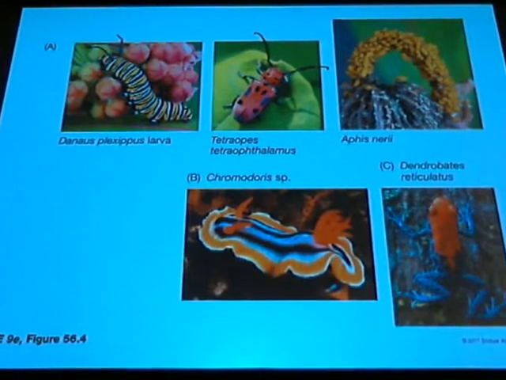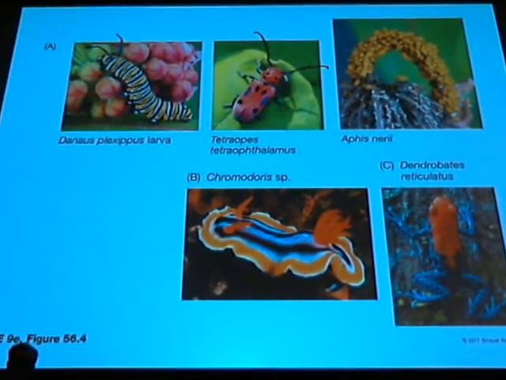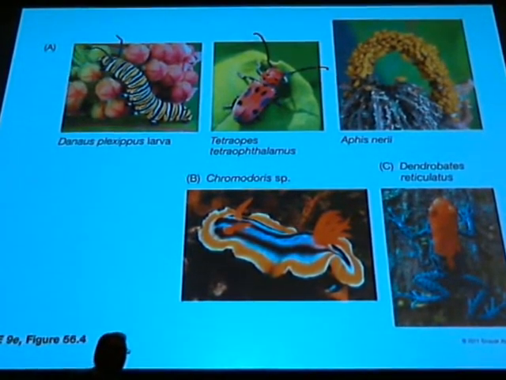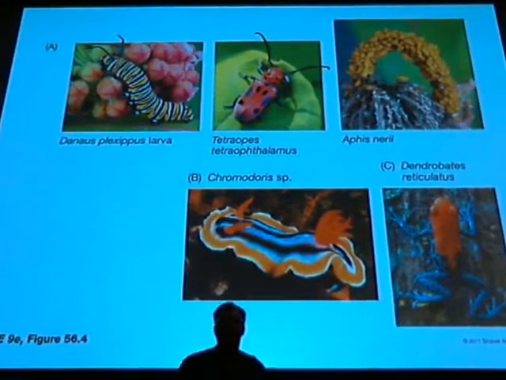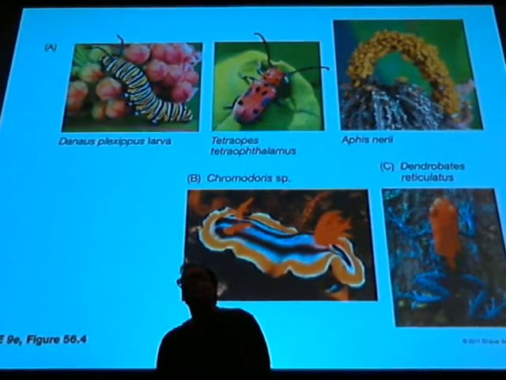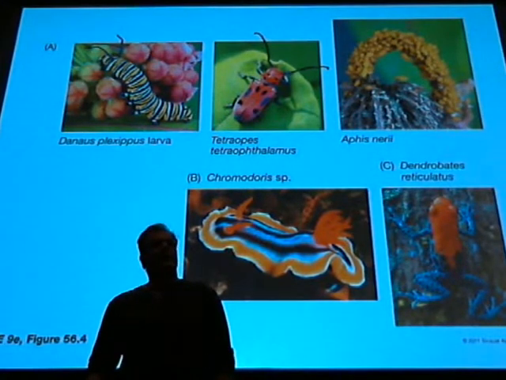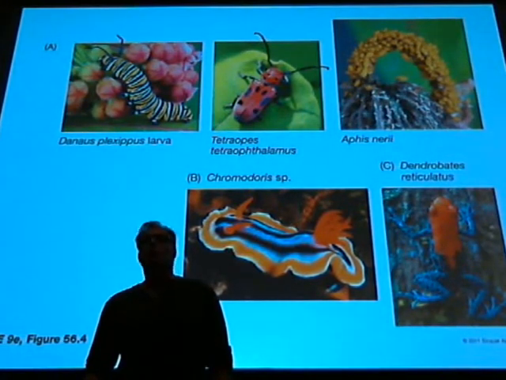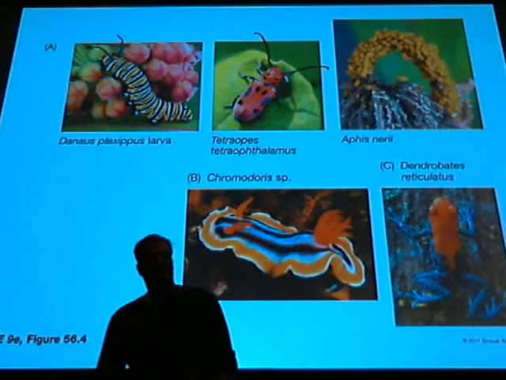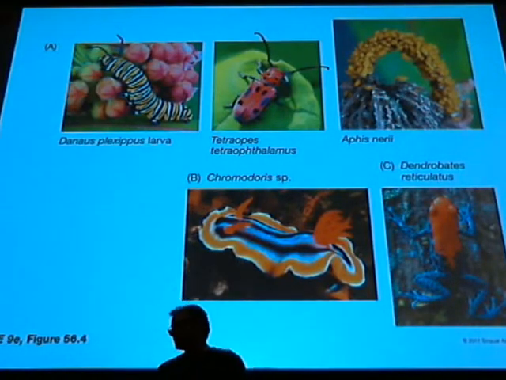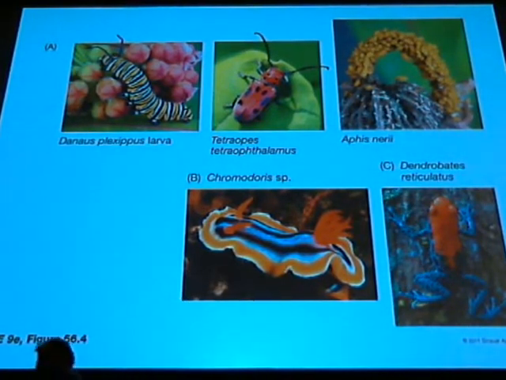That caterpillar, that bug, those aphids, that frog, that newt, and all five of these species have heavy amounts of toxic substances in their tissue that make them completely unpalatable or sometimes deadly if someone eats them. And they're advertising that. They're saying, do not eat me. You will not like what you eat. In fact, it will kill you. So that's bright coloration warning.